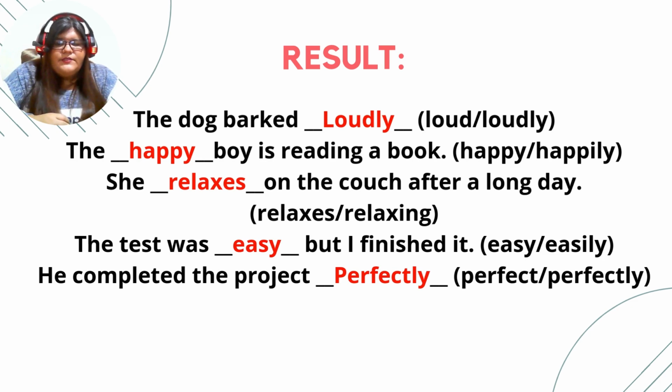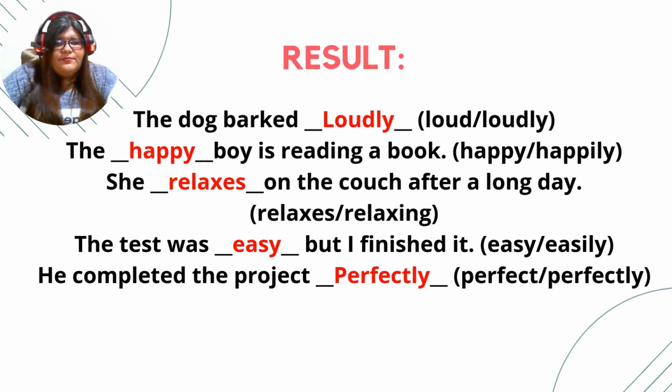Then we have here, the test was easy, but I finished it. It couldn't be the test was easily because I'm giving a description of how the test was. So it's the adjective, right? The test was easy, but I finished it. Then in the last example, we have, he completed the project perfectly.